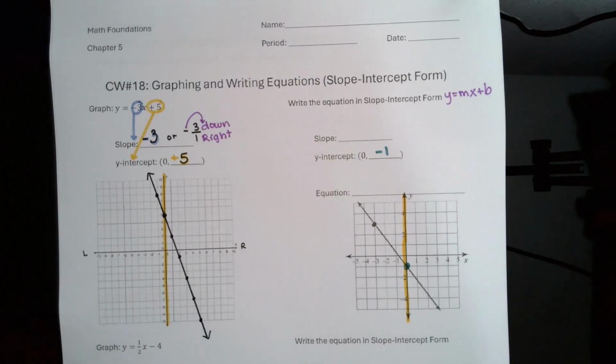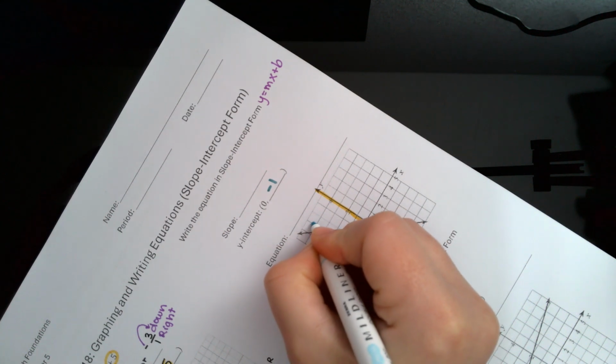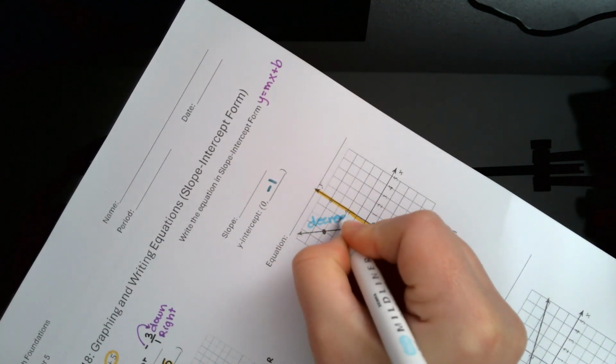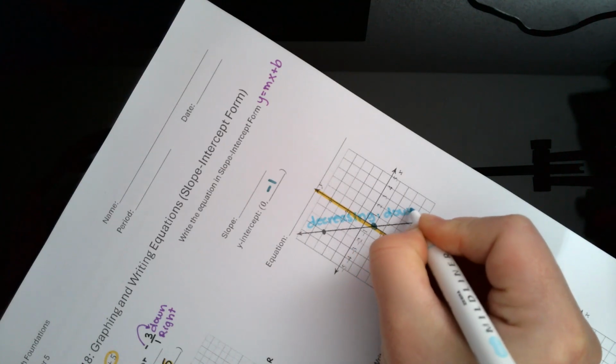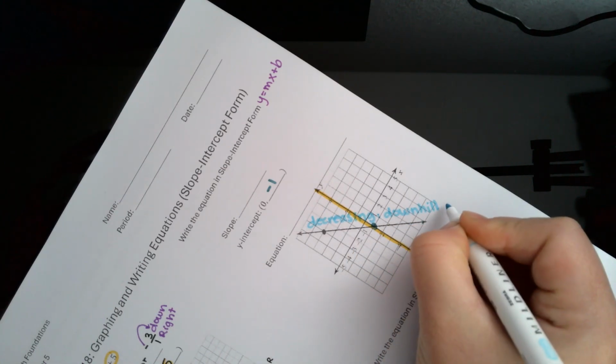Okay, so is this increasing or decreasing? So this one is going downhill. So I'm going to turn my paper. This is decreasing. Decreasing means downhill, which means we're going to have a negative slope.